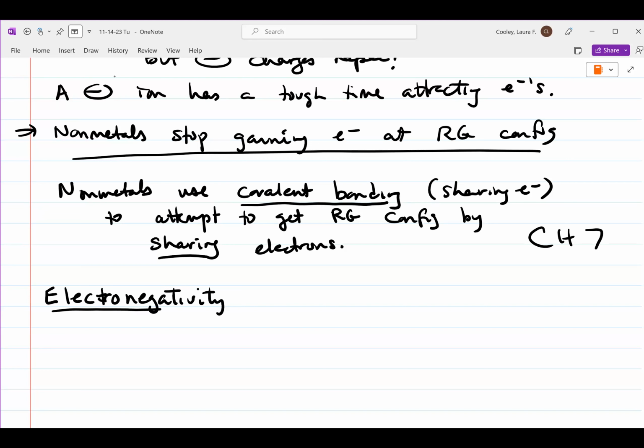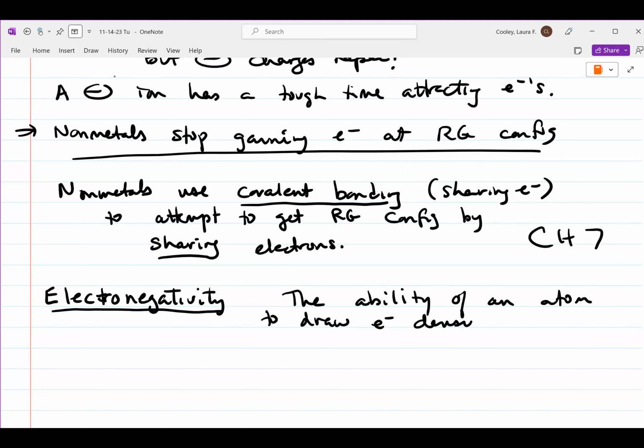Electronegativity is the ability of an atom to draw electron density to itself. What I mean by electron density is to pull that electron cloud over towards where the atom is.